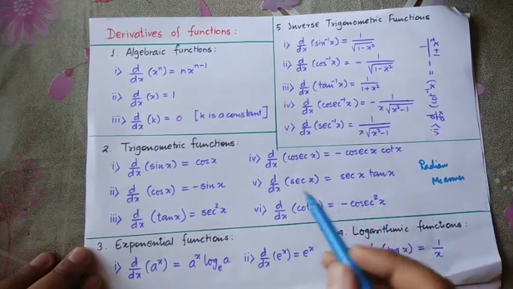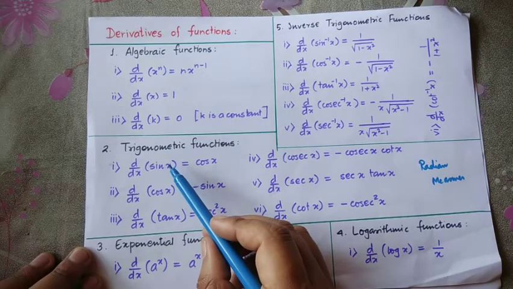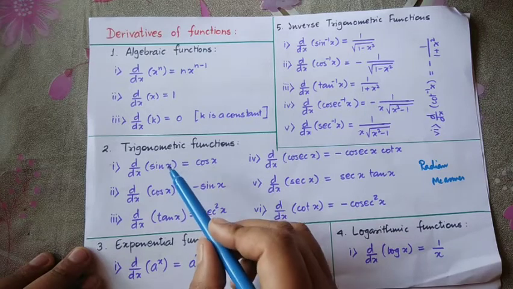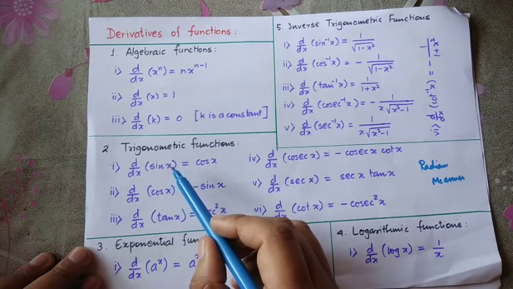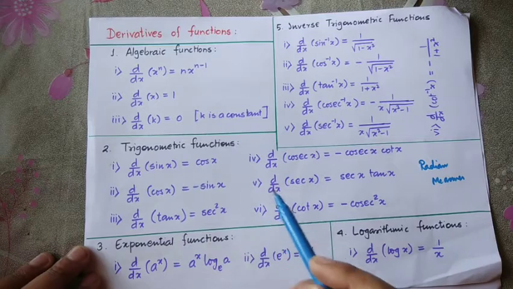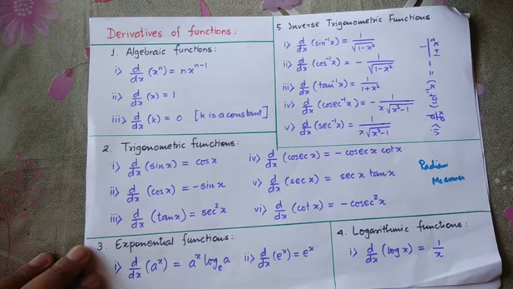So whenever you see degree, and if you want to differentiate that, first you need to convert that into radian. And all of us know that 1 degree can be written as pi by 180 radian. So with that we'll start our next problem.